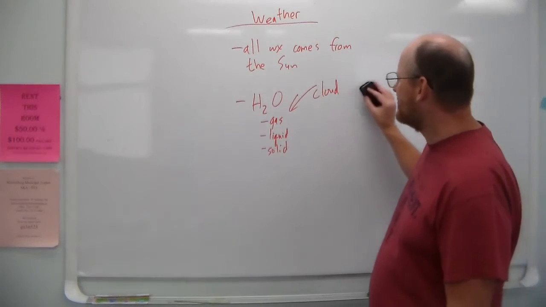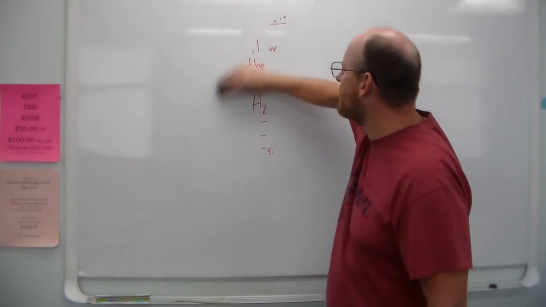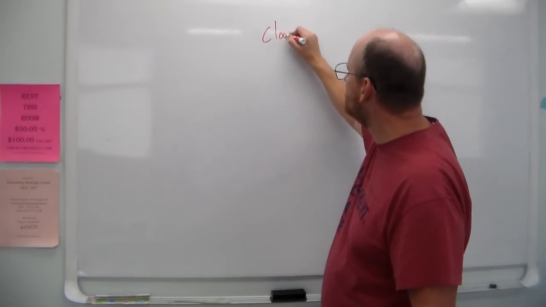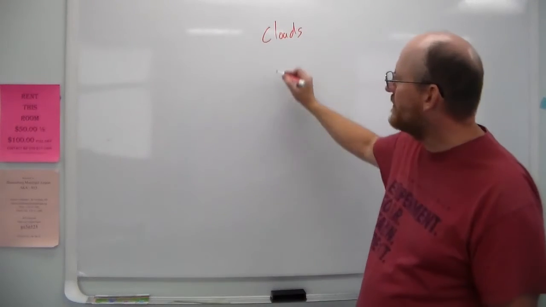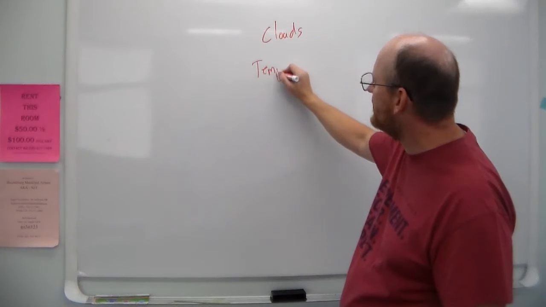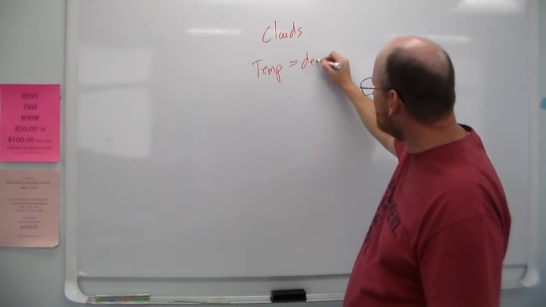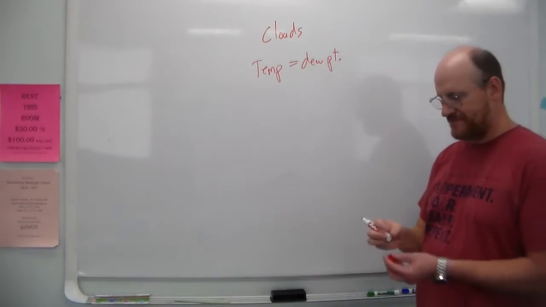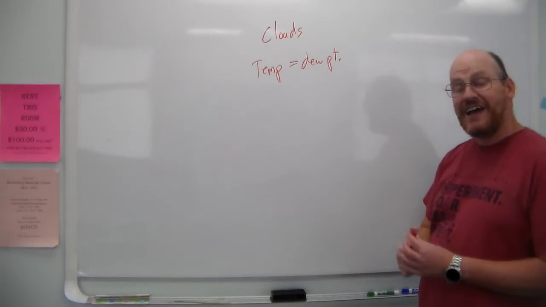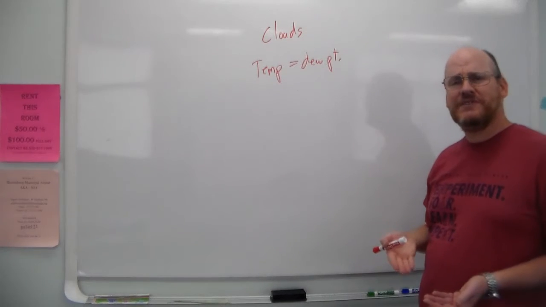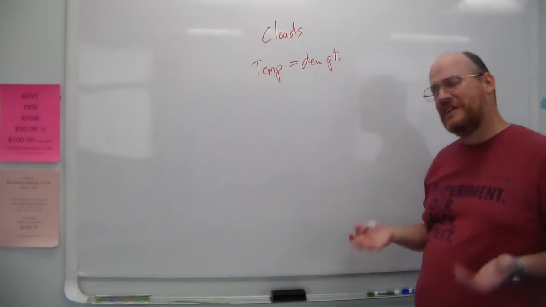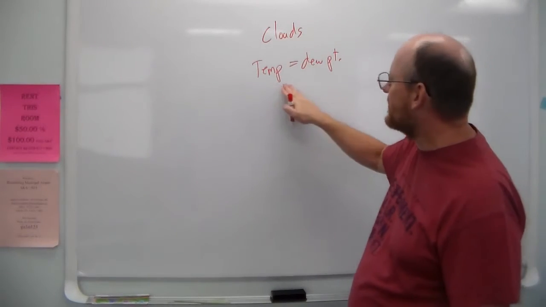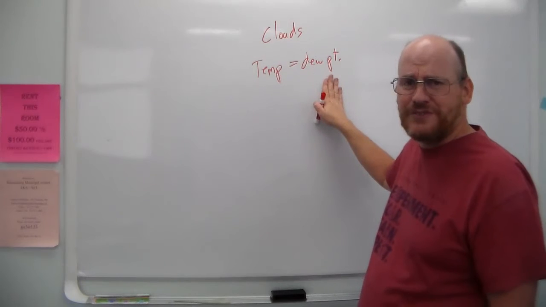So how do we get clouds? If the temperature equals this thing called the dew point, you pretty much have a cloud. Now, as you go up in altitude, the temperature, generally speaking, decreases. So eventually you'll get to a point where you're at the dew point.